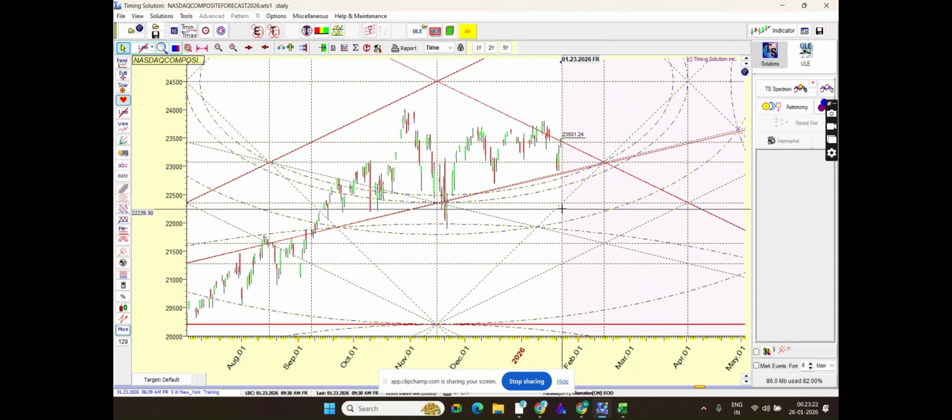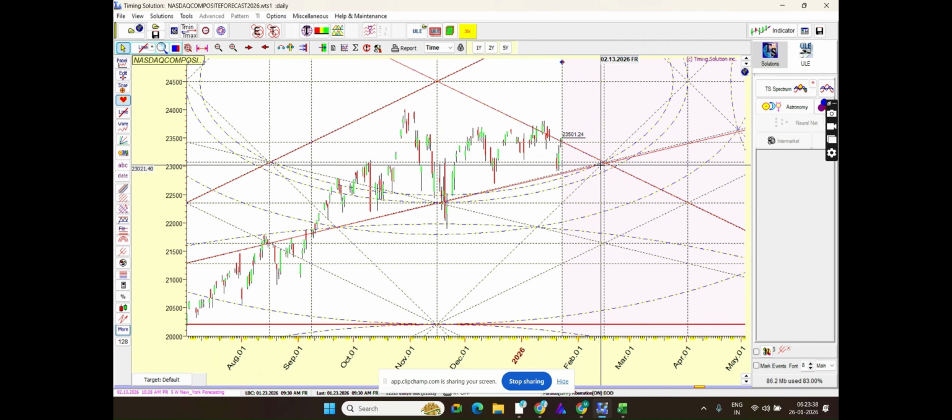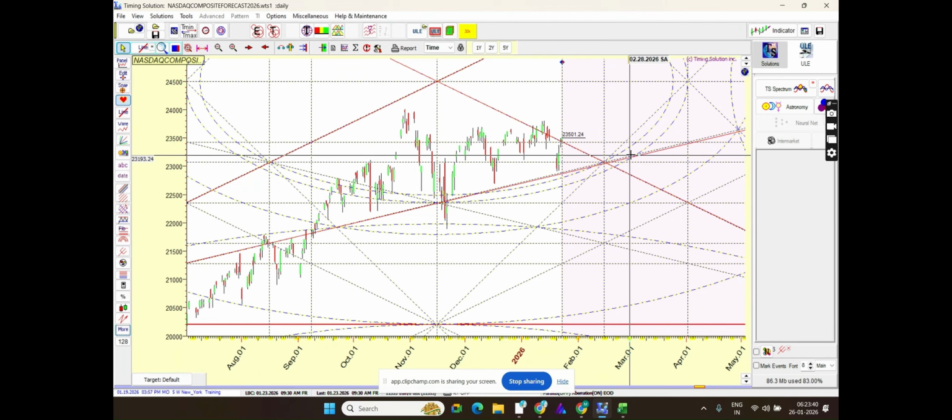Currently, the first date in the year 2026 was 23rd Jan. If we sustain above this angle and stay above it, then this angle will act as support. Both the angles cross here on 15th Feb, so that is going to be important for Nasdaq.